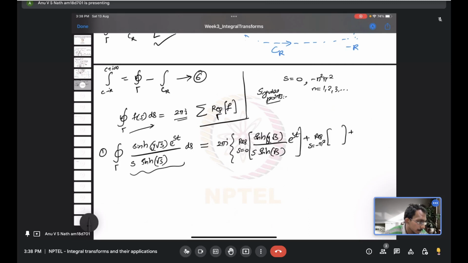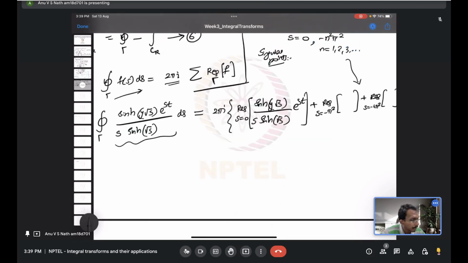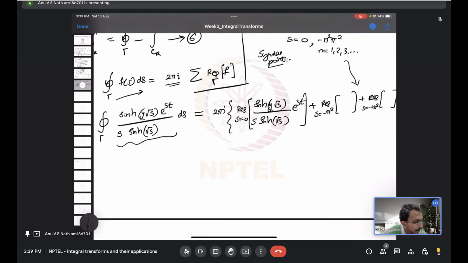Then again the residue of the same function at s equal to minus 4 pi squared, because it's minus n squared pi squared. That's how all the singular points are distributed, and so on for infinitely many of such residues. Sorry, singular points.